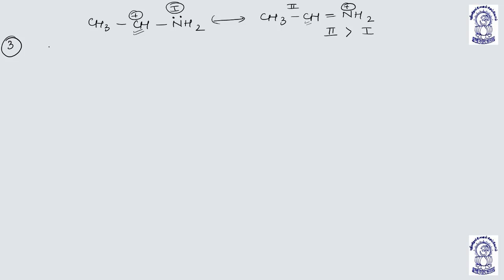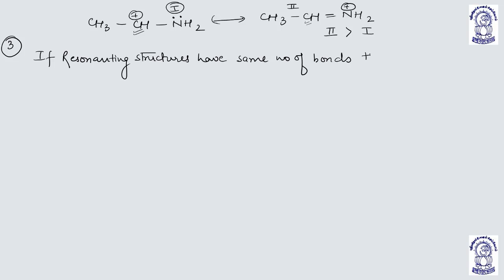Then the third is, if the resonating structures have the same number of bonds, then the neutral structure is more stable than the charged structure.